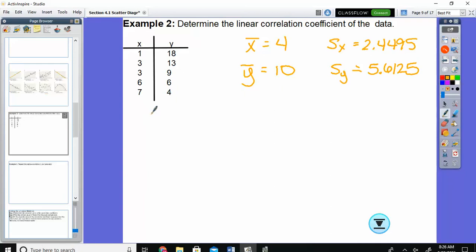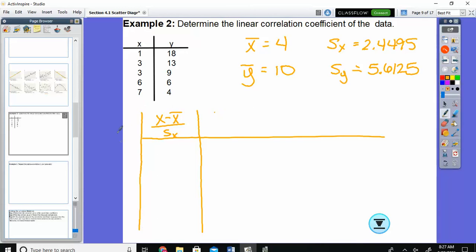Okay. So what we have to do is for each of these ordered pairs, we have to do the x minus the mean of x divided by standard deviation of x. I'm going to do the same thing for our y's. I should maybe fill in a column here to help us.